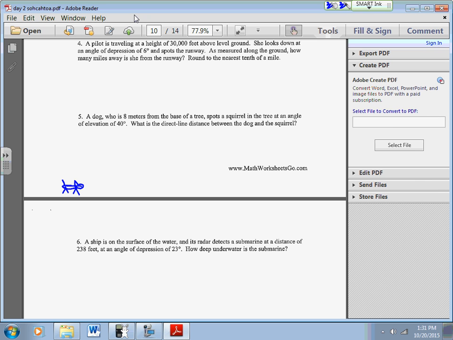So the dog is 8 meters from the base of a tree. That 8 meters goes right there, okay? Then it says the dog spots a squirrel in the tree. So here's a squirrel.